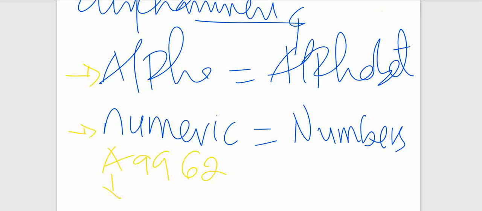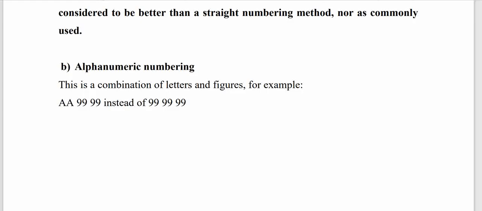Because this is the alphabet, then the rest are numeric. So that is it. Very simple. A number which consists of a combination of alphabet and numerics.